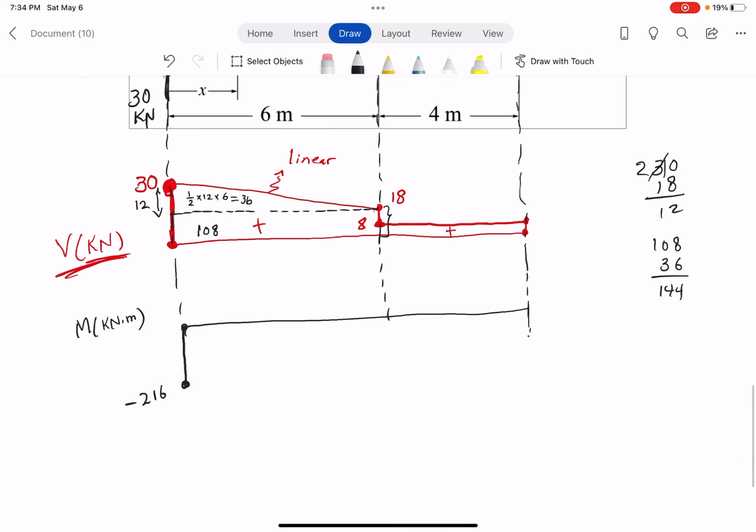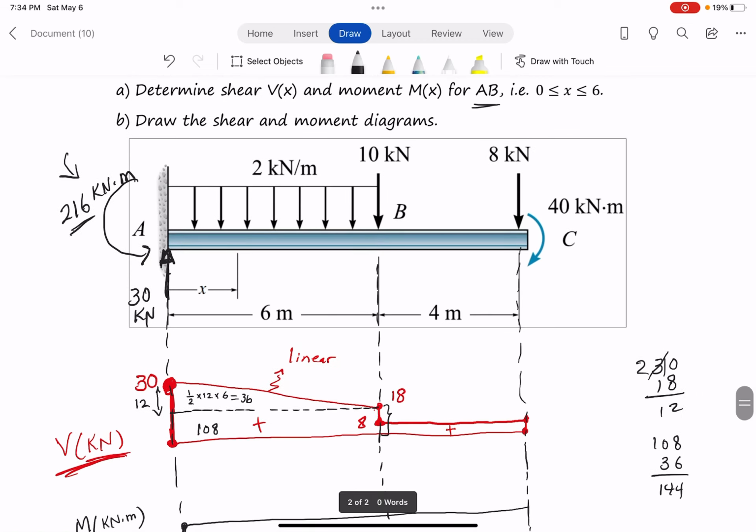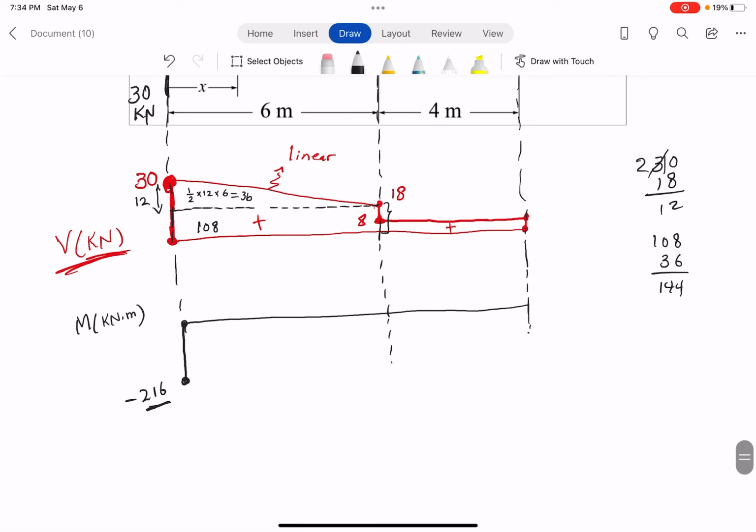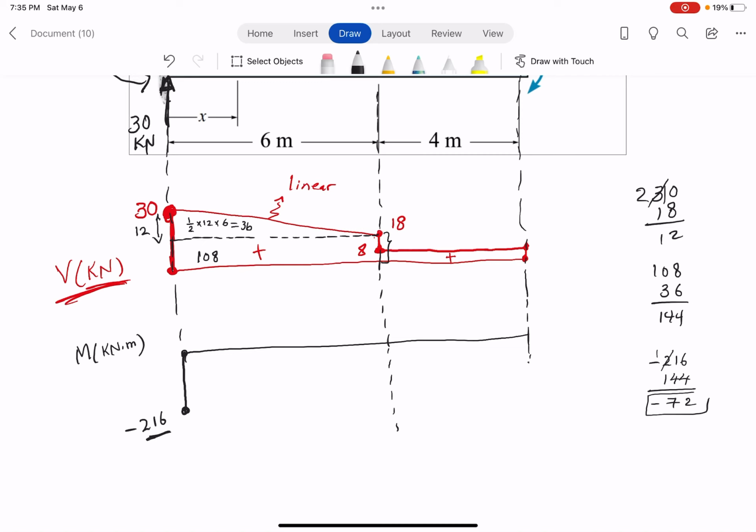So from this point it's minus 216. To point B, there's no other moment. It is minus 216 plus 144, and this is minus 72. And you can see that the shear is linear, so the moment is nonlinear.